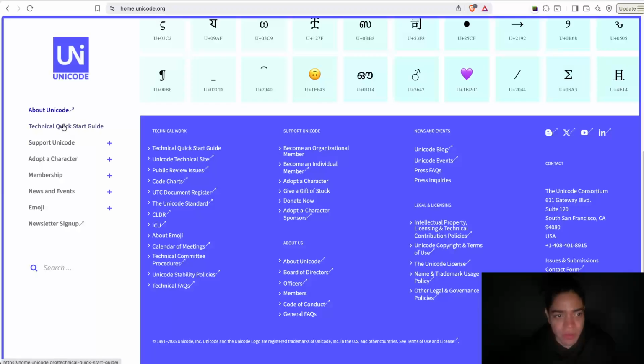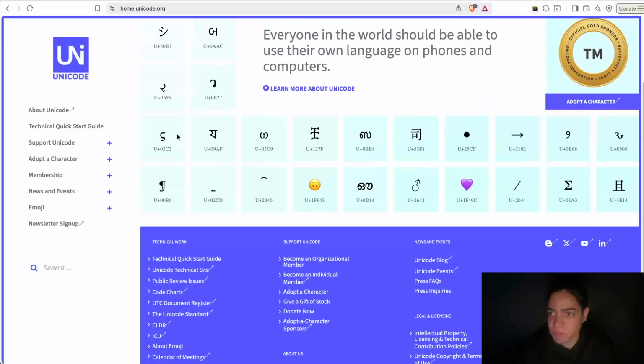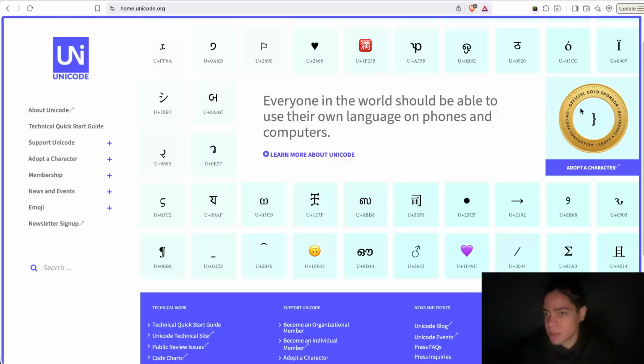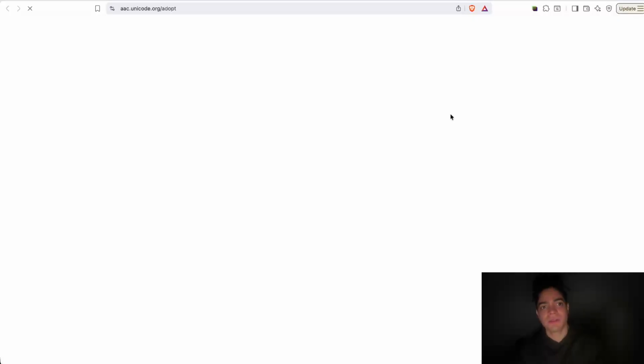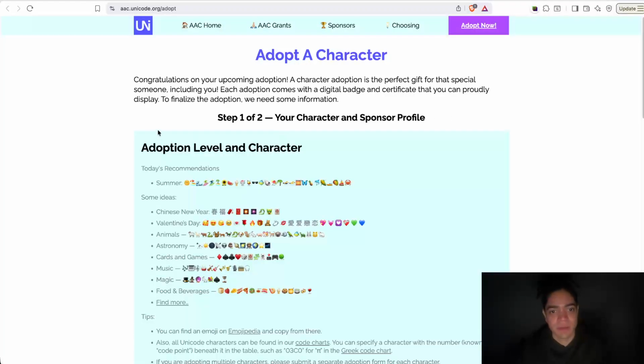So yeah, the Unicode technical quick start guide, support Unicode, adopt a character, membership, official gold sponsor, Unicode Consortium, adopt a character. Adopt a character. What the French stuff is this? Adopt a character. Step 1, your character and sponsor profile.